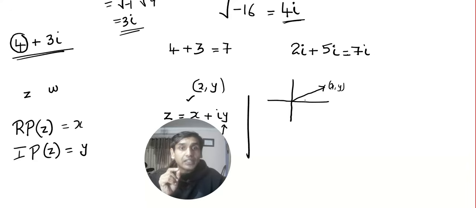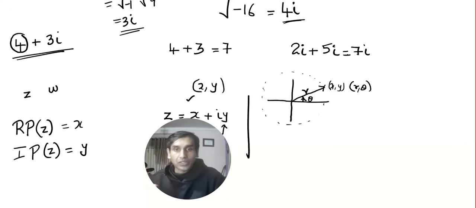So if you write a complex number in the polar coordinate system, you believe that this is a part of an imaginary circle with radius r, and this angle is called the argument. So the same coordinate can be represented as r comma theta. So once more, point number 1, we found that negative numbers have square roots.